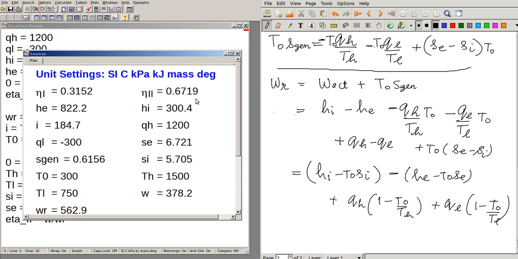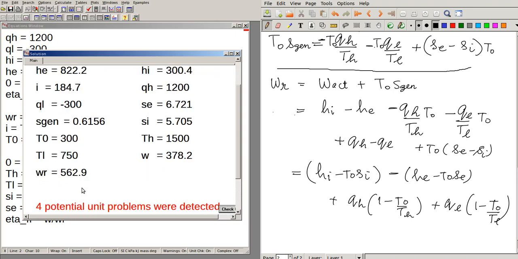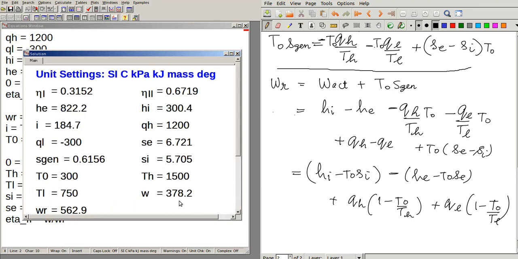So essentially, of the possible 562.9 kilojoule per kg, one is able to only make use of the 378.2 kilojoule per kg, implying that you are only able to use 67.2% of the total work that you could have hypothetically obtained if you were to convert all the processes into a reversible process, implying the Sgen of the total cycle should be 0.